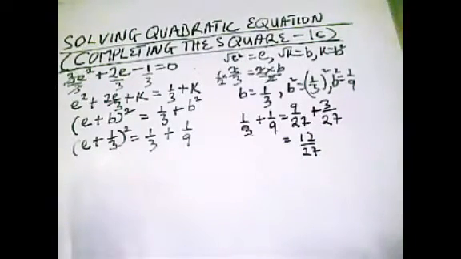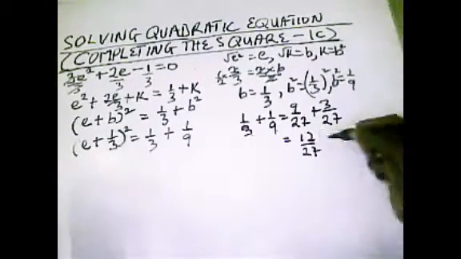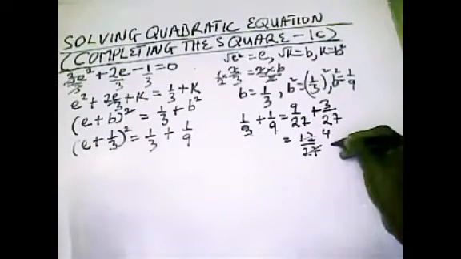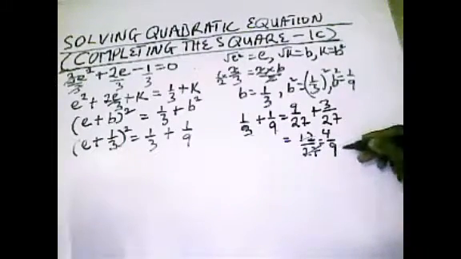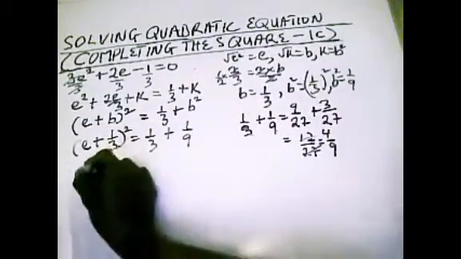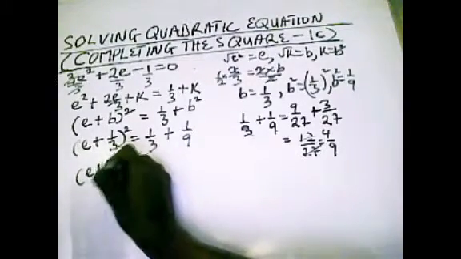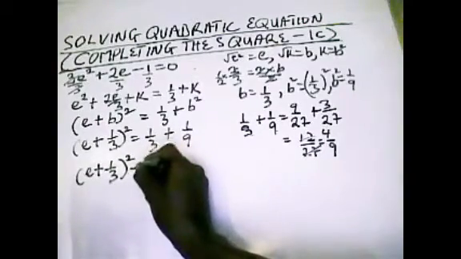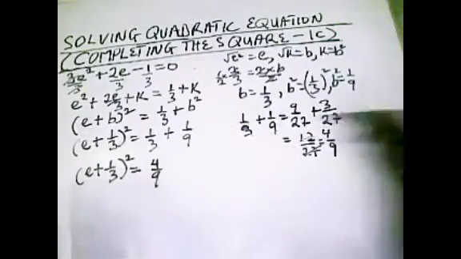But observe that with our 12 upon 27, something can go. The common factor is 3. 3 can go in 12 4 times, and 3 can go in 27 9 times. So the final answer is 4 upon 9. So everything here would become e plus 1 upon 3 all squared equals 4 upon 9.